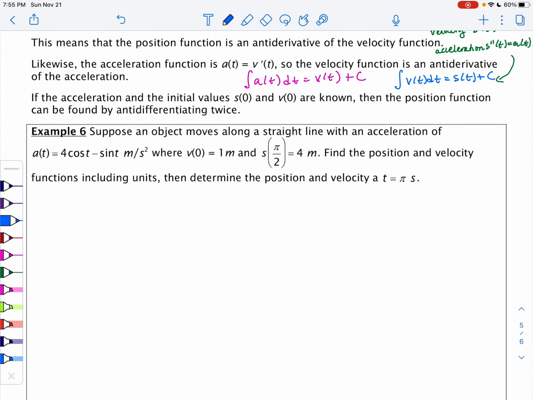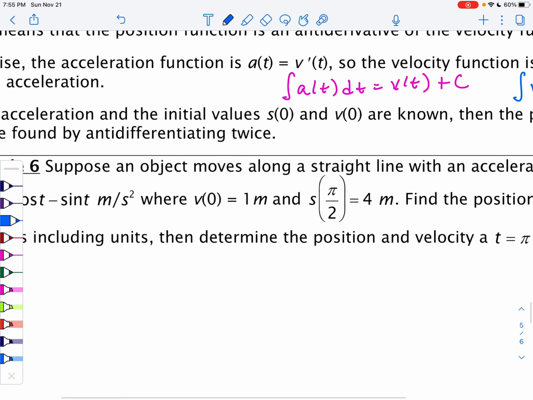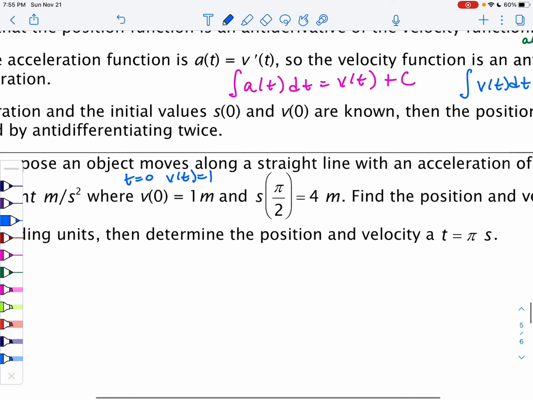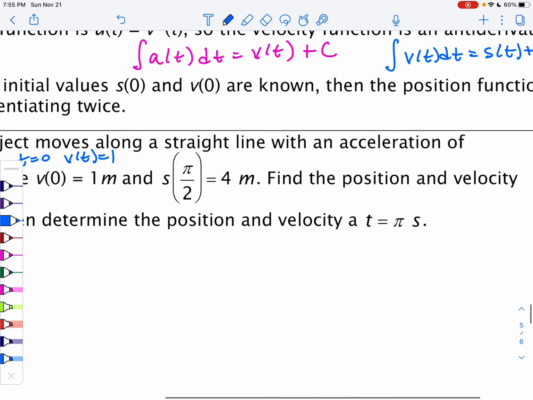Suppose an object moves along a straight line with an acceleration of a of t equal to 4 cosine t minus sine t meters per second squared, where the initial velocity, so this tells me when t is equal to 0, v of t is equal to 1. And the initial position, when t is equal to pi over 2, s of t is equal to 4. Good? Those are our initial values.